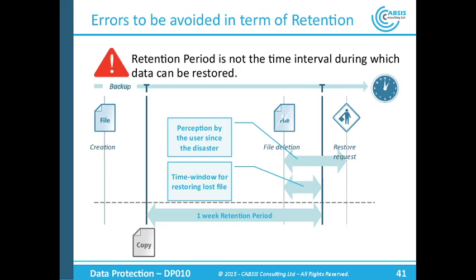It is less than what you have been asked to store. Okay, so it's really a problem for you, because you will not be able to restore in this situation, even if you think that the retention period of 1 week was the good retention to set.